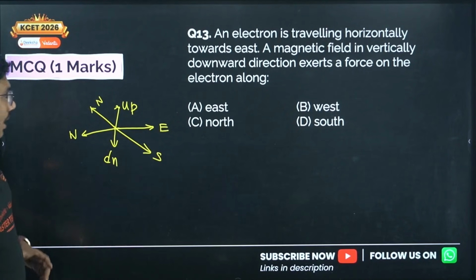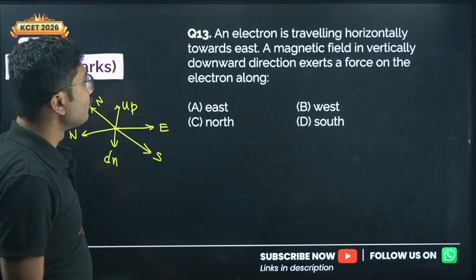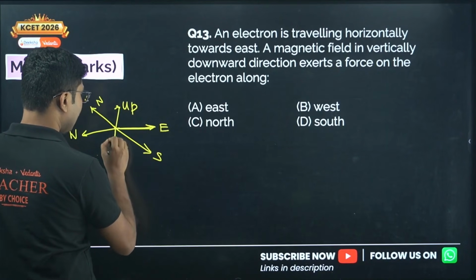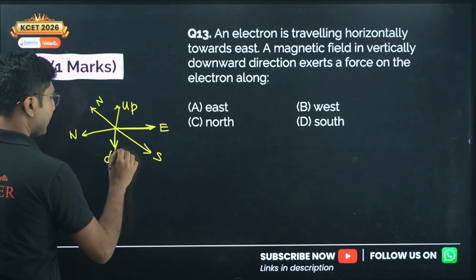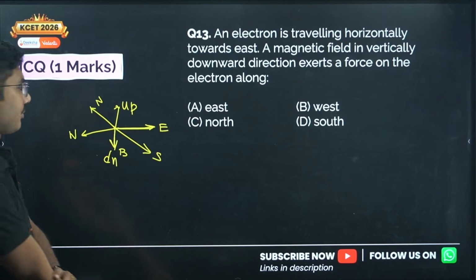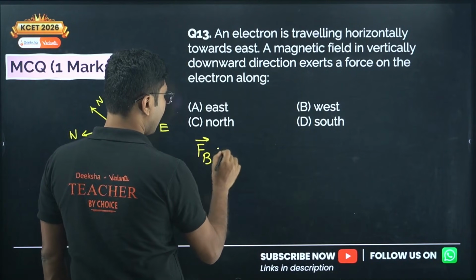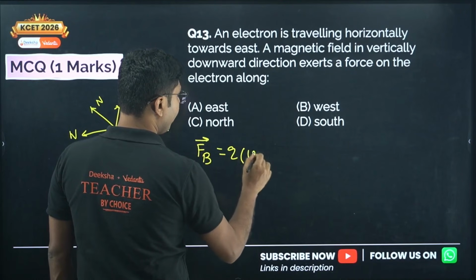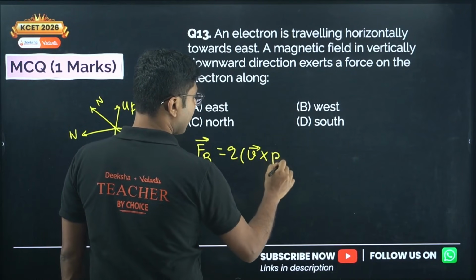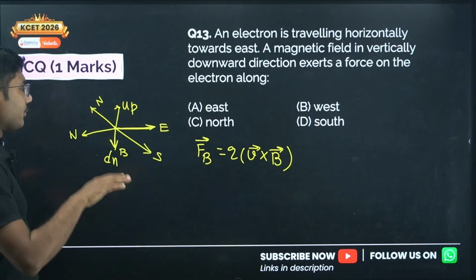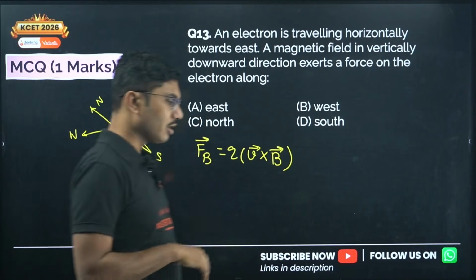Now, the electron is moving in the east direction, and a magnetic field is acting in the downward direction. What will be the direction of the force? From the Lorentz force, force is given by q into V cross B. V is first, B is second. How do we find a cross product?